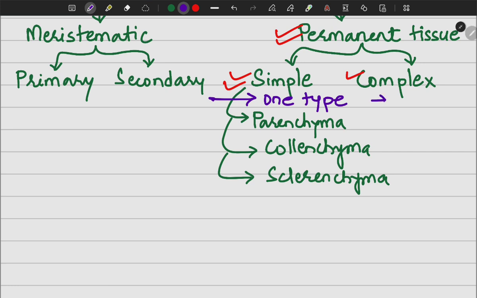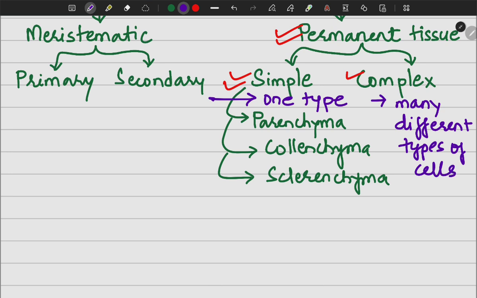And the complex permanent tissue is composed of many different types of cells to perform a specific function. Examples of complex tissues are xylem and phloem. This we will study in the next lecture.